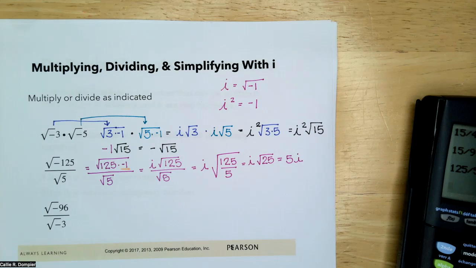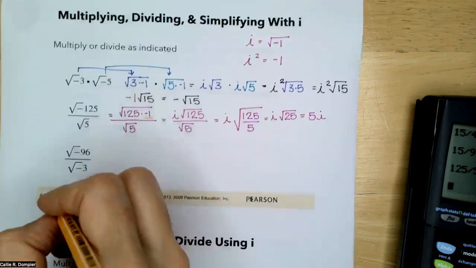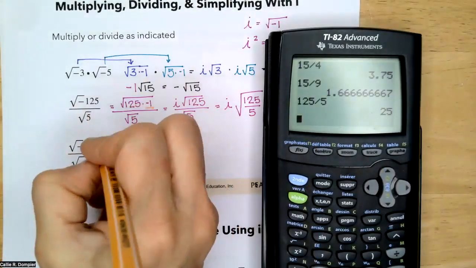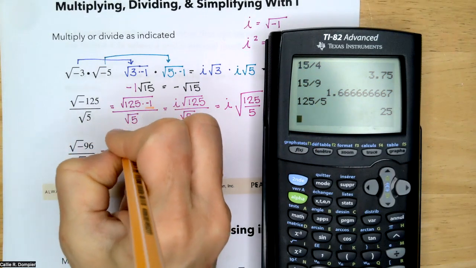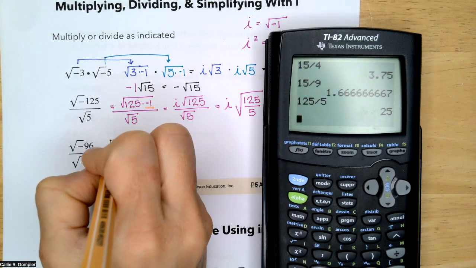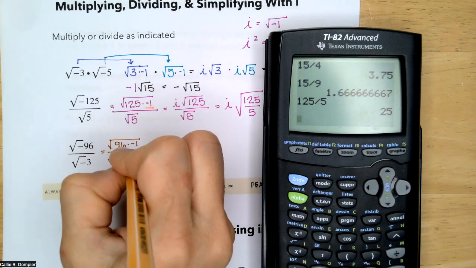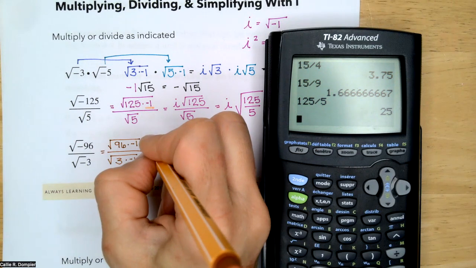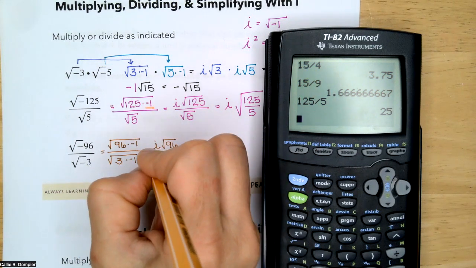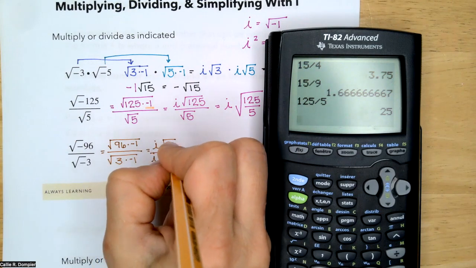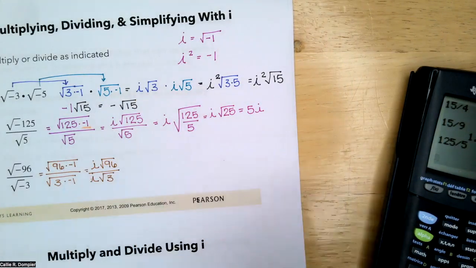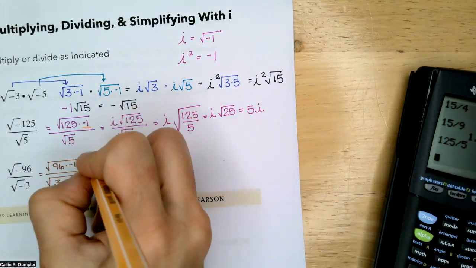Good? Okay. Same here. The square root of negative 96 is going to become the square root of 96 times negative 1 over the square root of positive 3 times negative 1. So those i's come out. Now I have i square root positive 96 over i square root 3. i divided by i, they actually cancel out, right?